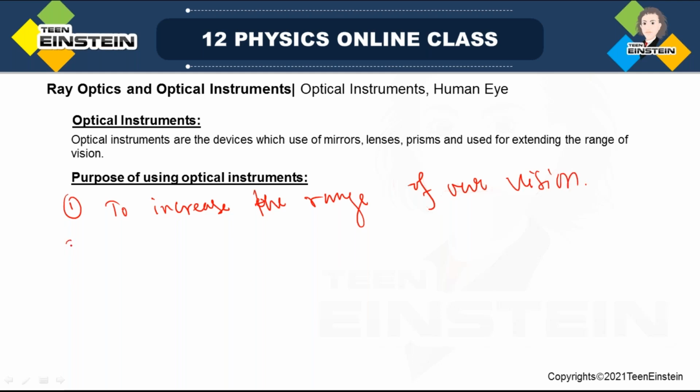This is one point. The second point is to see any object with a magnified image.